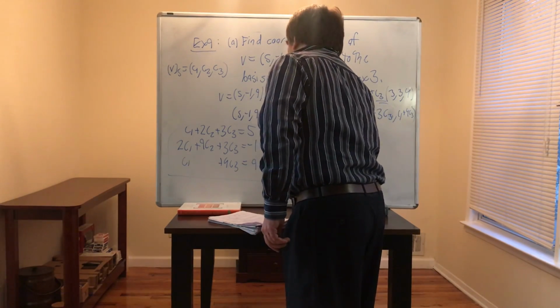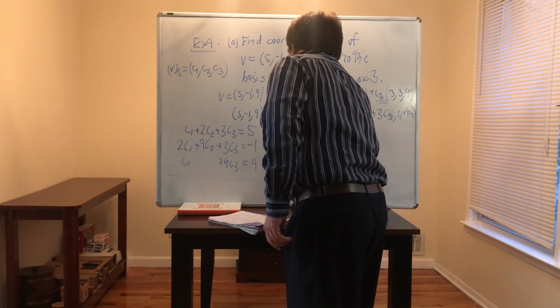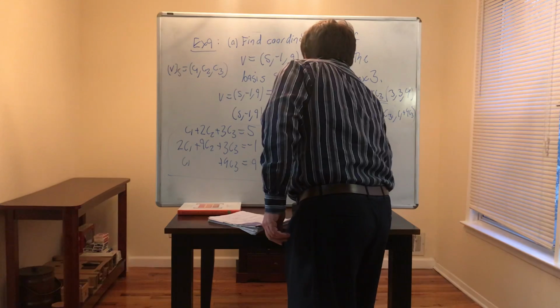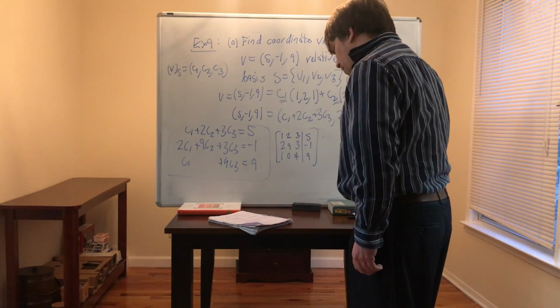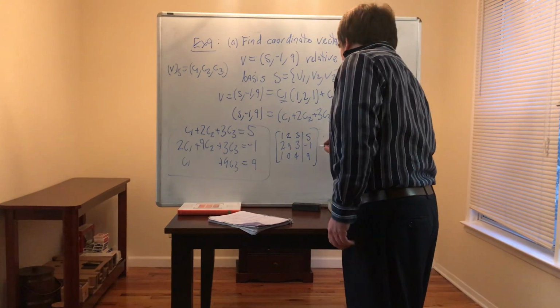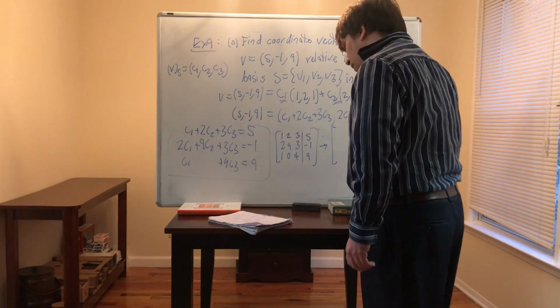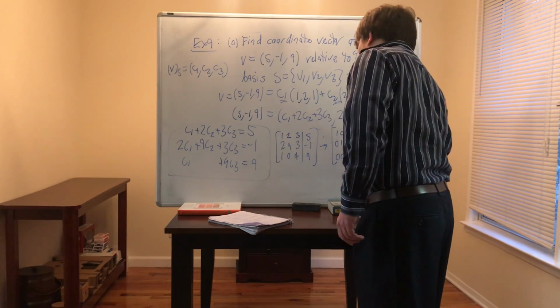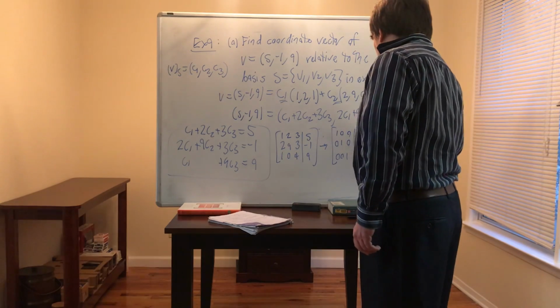So now you have your linear system here. When you solve this system, you can get this to reduced echelon form, and you will get this.